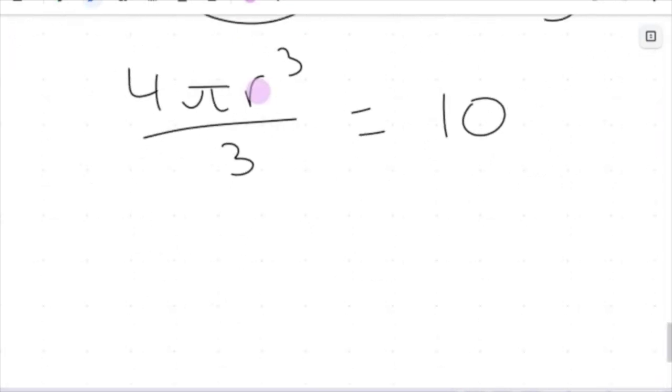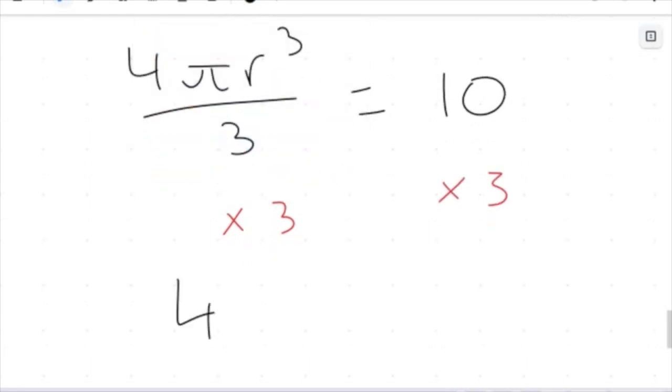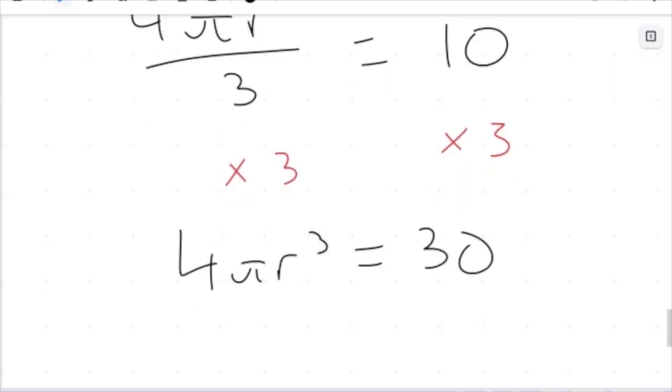Now I'm getting to my r at the very end, so I just want to get rid of everything around r. So I have this whole expression on the top getting divided by 3, and that gives me 10. So that expression should be 3 lots of 10. I get that by timesing 3 to both sides. So that gives me 4 pi r cubed equals 30.